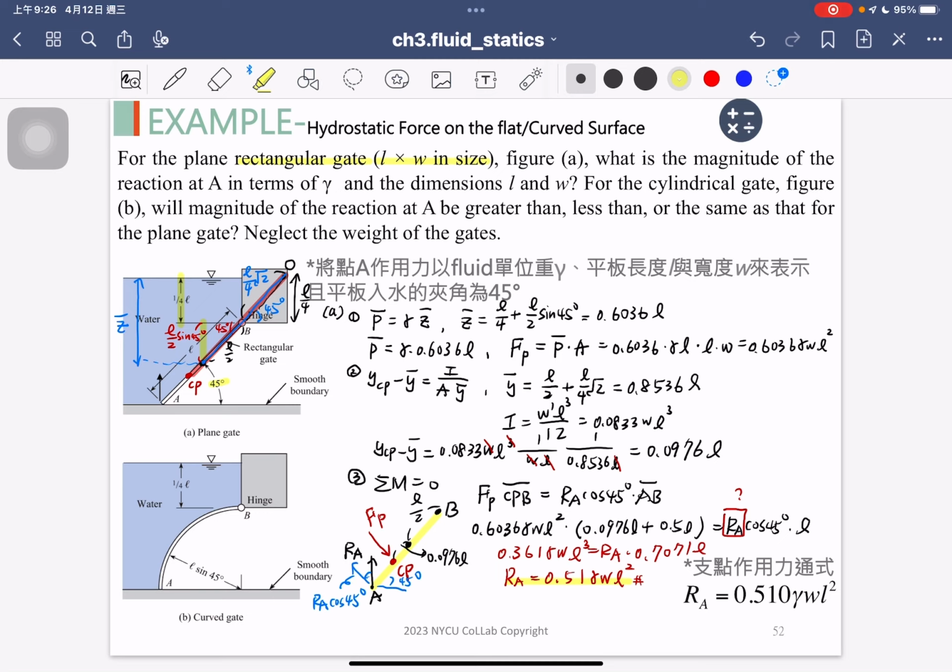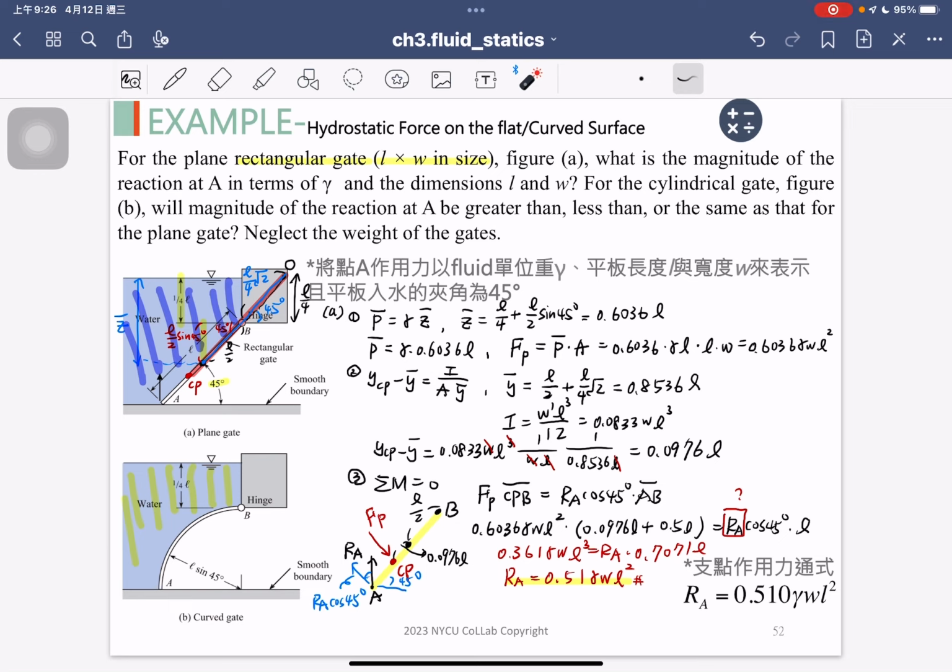For the top case here, the fluid weight I need to overcome is the blue region, and for the bottom it is the yellow region. So you just compare how different they are in fluid weight. For me, I understand that in the bottom case, the fluid weight above the curvature gate is smaller than the top one.